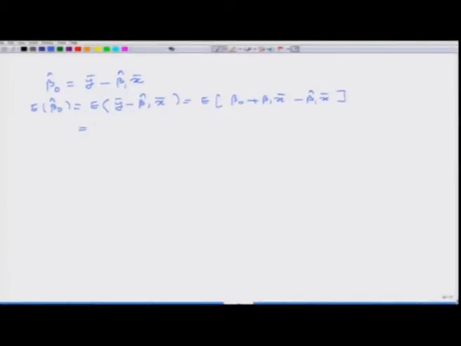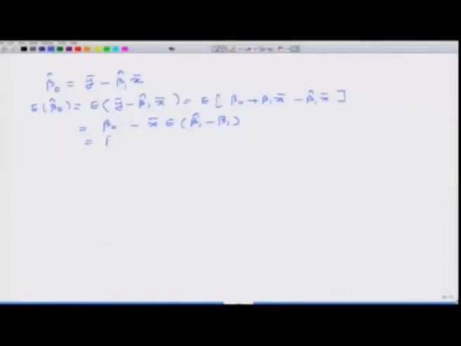So, this comes out to be beta 0 minus x bar times the expected value of beta 1 hat minus beta 1, right, because we had assumed that the xi's are non-stochastic. So, x bar is again a fixed quantity. We can write beta 0 and this x bar, and this quantity is the expected value of beta 1 hat minus beta 1, and we have shown that this is nothing but beta 1.